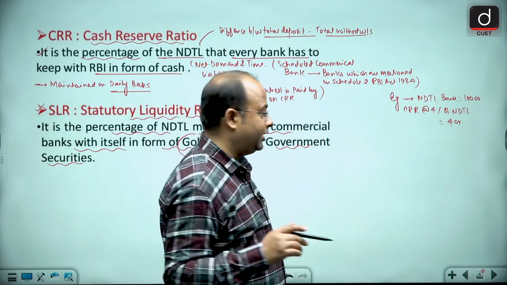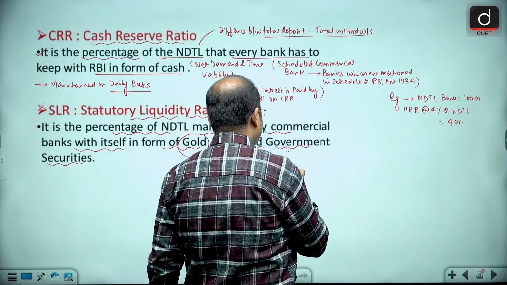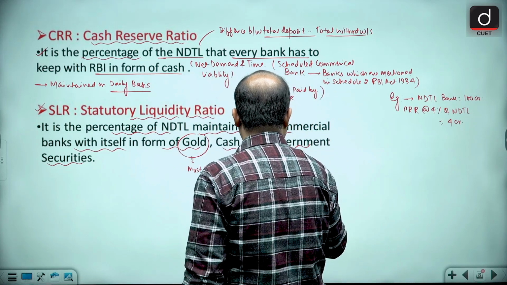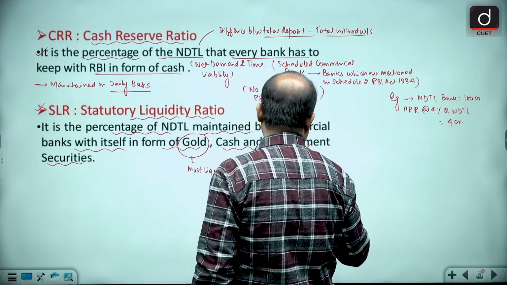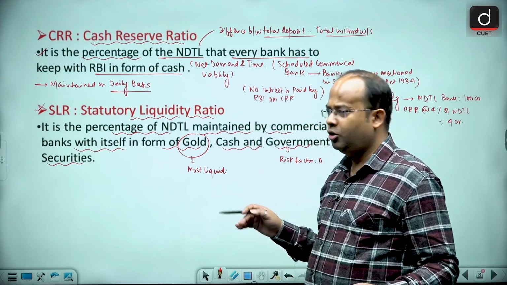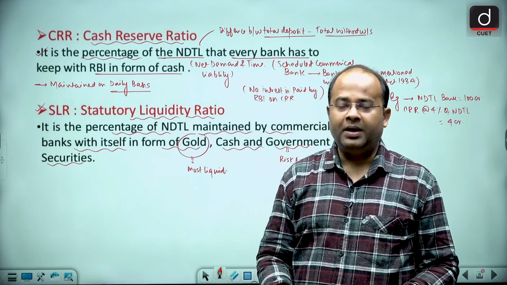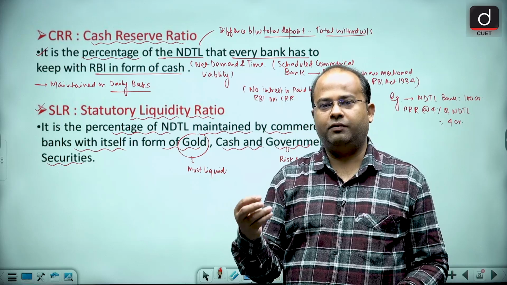Because government security has no risk factor. The risk factor on government security is 0. Although guys, cash is considered as the most liquid asset, gold is also very liquid.